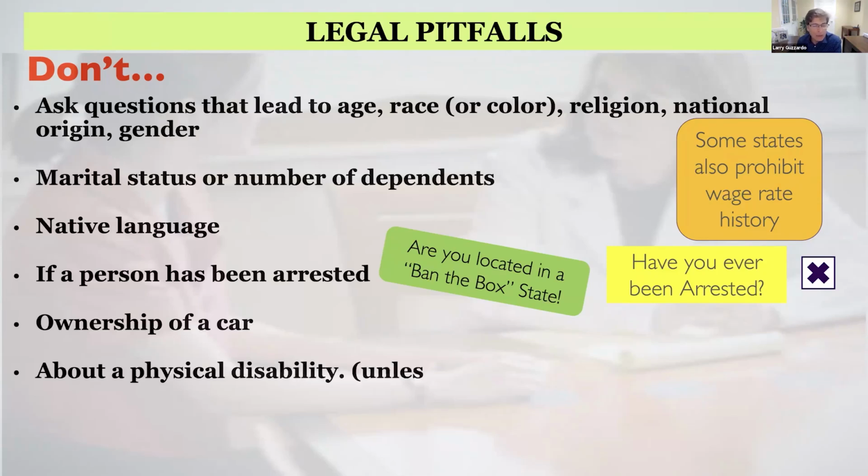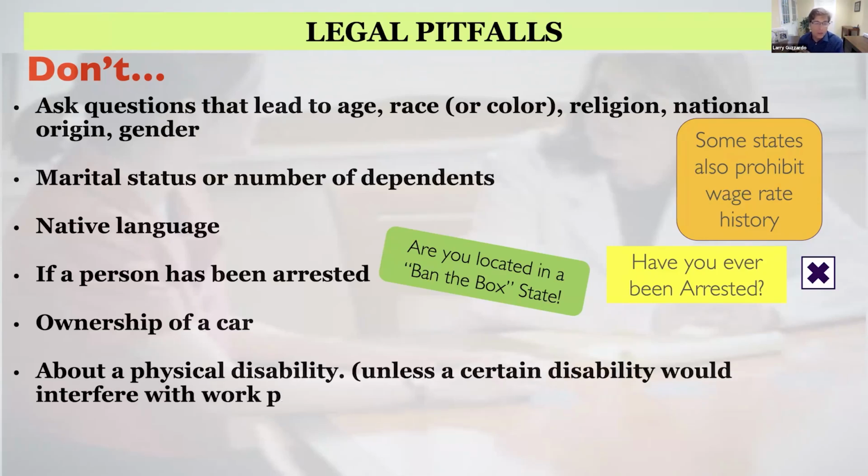And of course, I wouldn't question about any physical disability unless the disability would interfere with their work performance. But again, if we ask job-related questions, you and I are going to need to engage as a dental assistant here in four-handed dentistry to pass the instruments. Do you see anything that might keep you from being able to participate in four-handed dentistry?